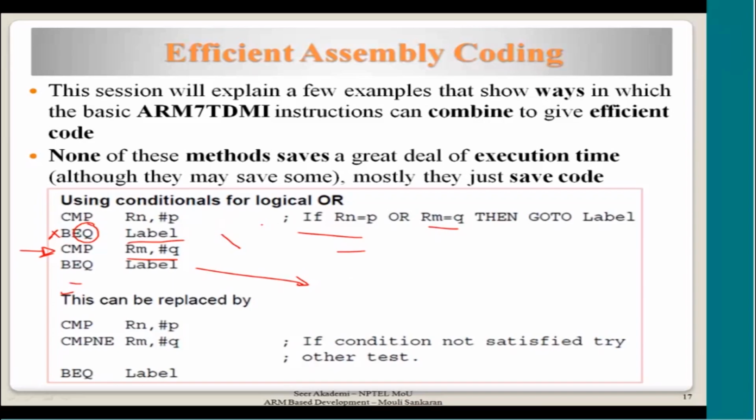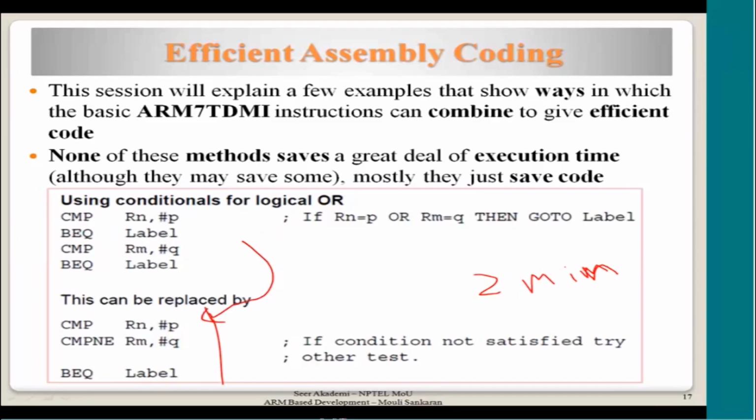So it does the job, you agree, but there is an optimization possible. I am not asking you an example because I have given you the code here. Maybe if you want you can take a 2 minutes break here, okay, and check whether these two are equal, okay. This 4 instruction is compressed into maybe 3.